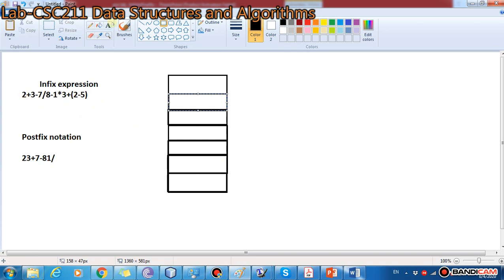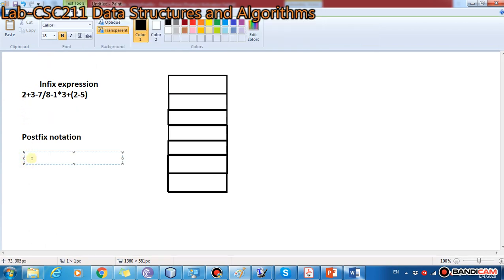Whenever there is an operand, we just output it directly. So there is a 2, and this is directly output to the output string. Then there is a plus, an operator appears in the input string.